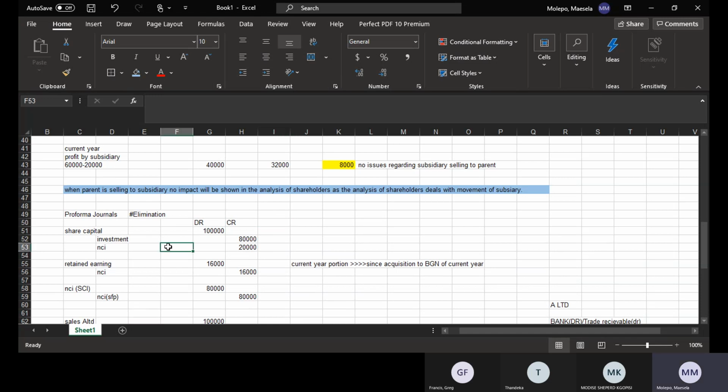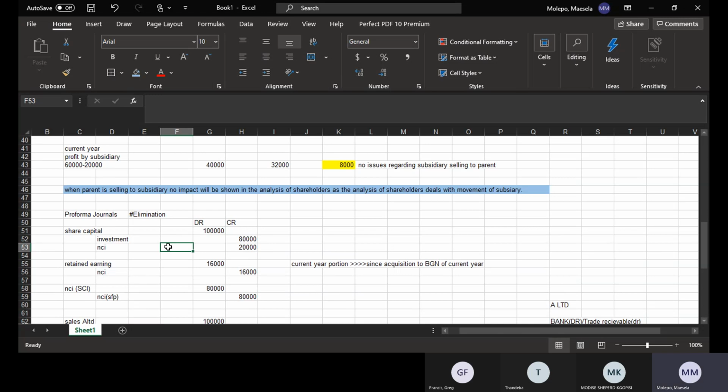It will be more impact on the statement of profit and loss, more impact on the statement of change in equity, and then the decreasing of the profit from our inventories.